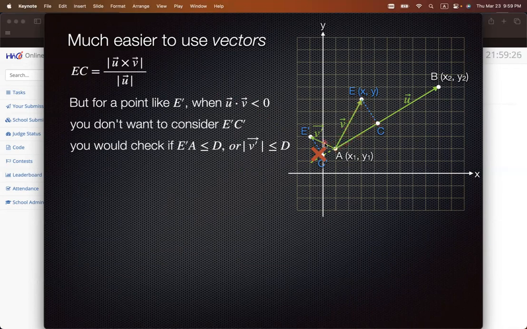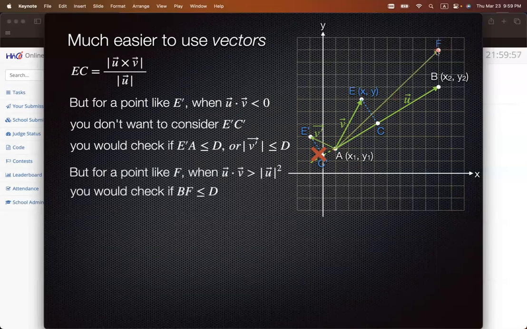And when E is over there, the theta is larger than 90 degrees, and the projection is on the other side. It's going to be negative. You can also think of this as cosine theta. When theta is larger than 90 degrees, cosine theta is negative. So you want to check if the dot product is negative. If it is, then you want to just use the distance V as the point of comparison.